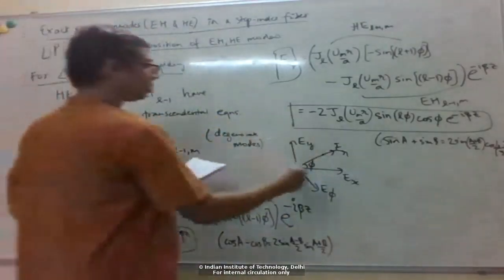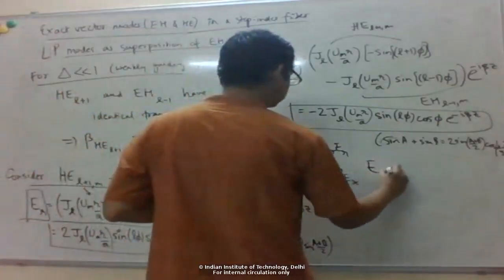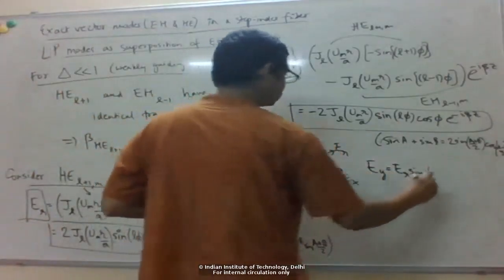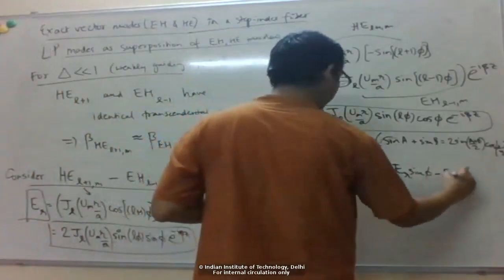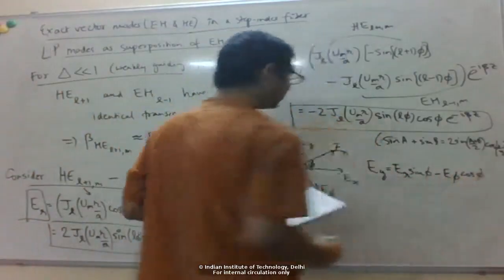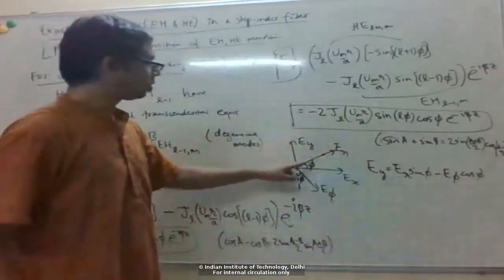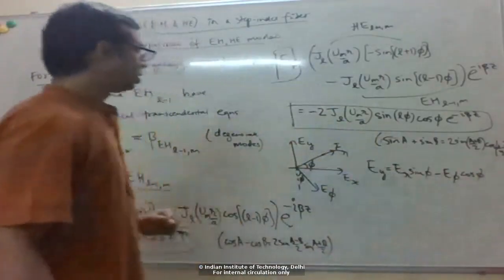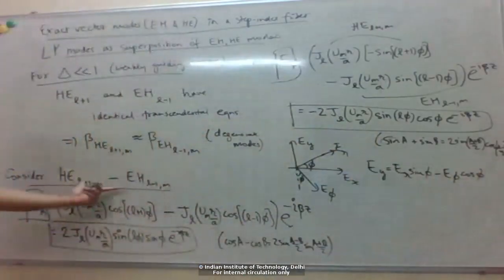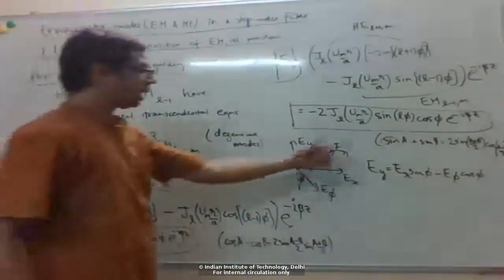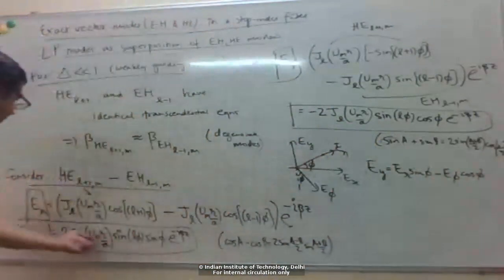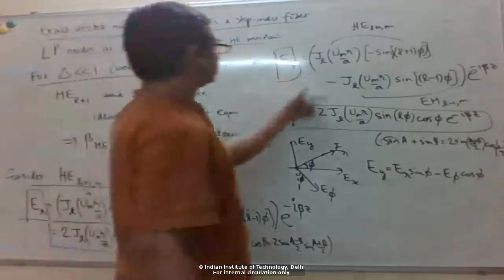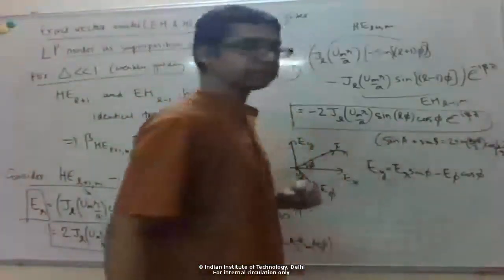You can see from here EY would be ER sine phi minus E phi cosine phi. So for this particular superposition, EY would be this times sine phi minus this times cosine phi.